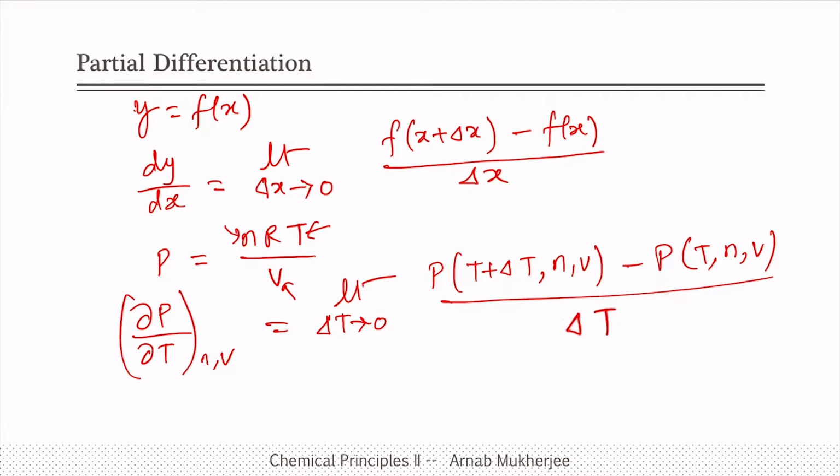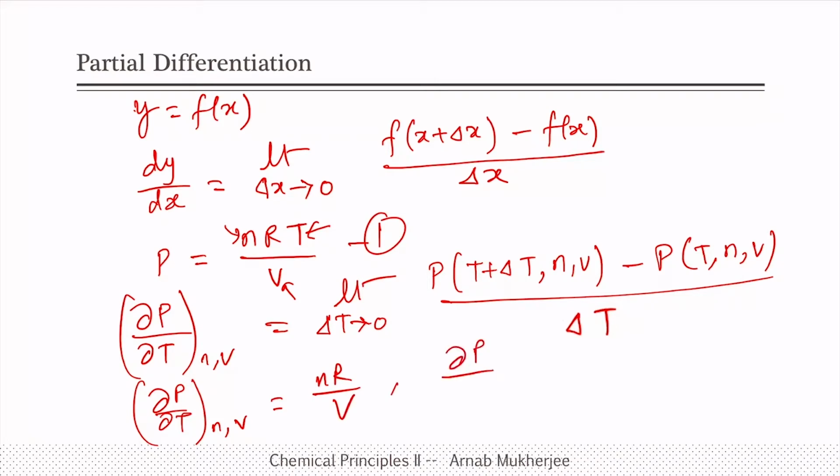So we can give some examples. Let us say I want to calculate del P by del T at constant n and V, from equation 1, then what you are going to get is nR by V. Similarly we can calculate del P by del V at constant n and temperature, which will give us minus nRT by V square.